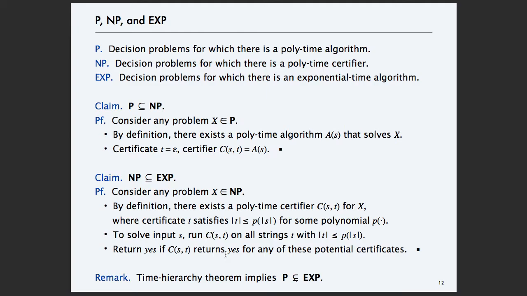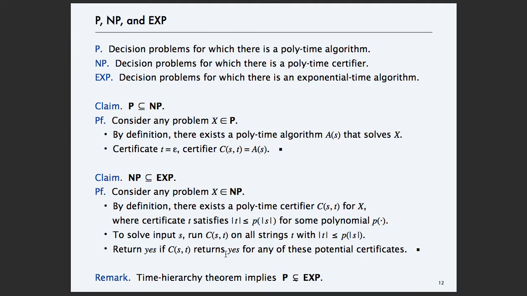If you have a problem in P, so there is a polynomial time algorithm for just the string without a witness, what I can do is just use the empty string as my witness and just compute that thing, and I get yes or no. Could also just choose any string as my witness and say yes regardless, right? Does that make sense? So I have a polynomial time.